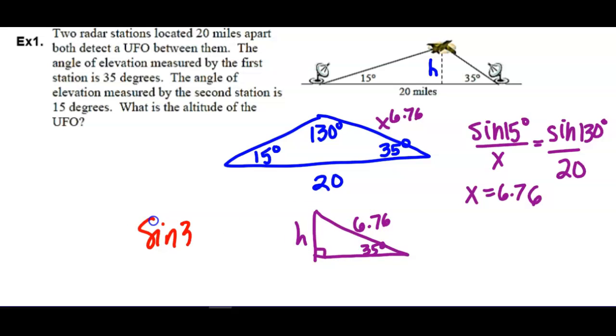So we have the sine of 35 equals opposite over hypotenuse. So if we type the sine of 35 times 6.76, we get 3.88 or 3.9 as the height. And it was miles. All right, 2 steps. So be careful. There'll probably be another one like that somewhere.